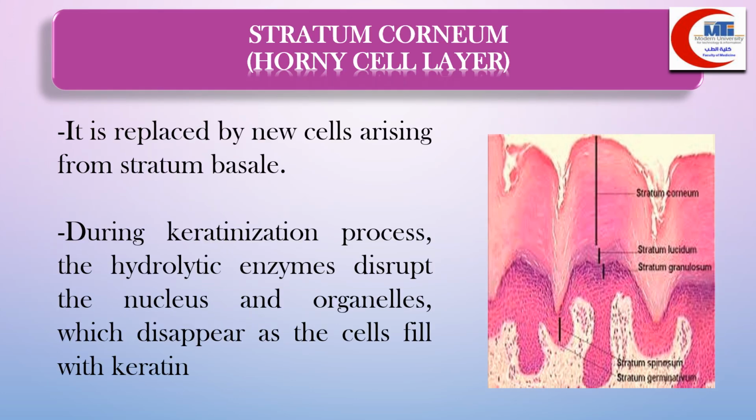Again, in the stratum corneum, or horny cell layer, the scales are firmly adherent to each other by remnants of desmosomes, and the scales are continuously shed off from the surface and become replaced by new ones from the deeper cells by mitosis.